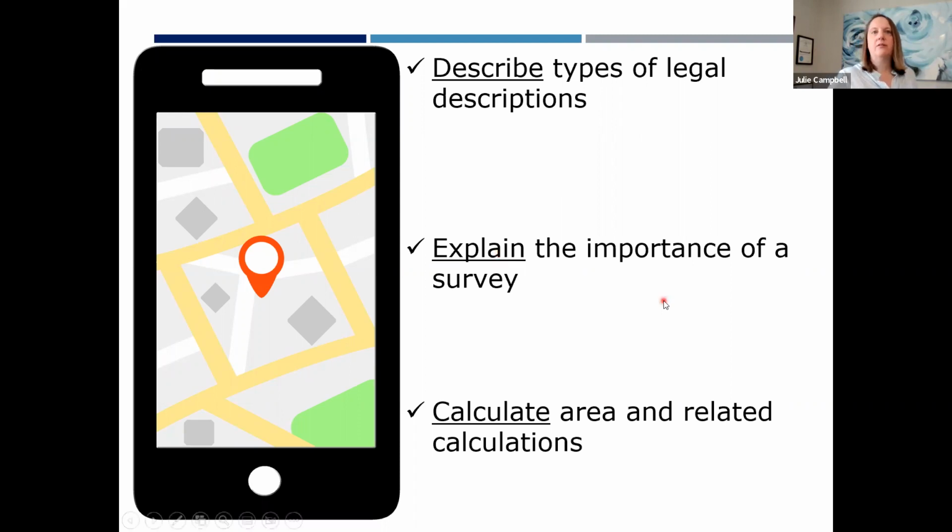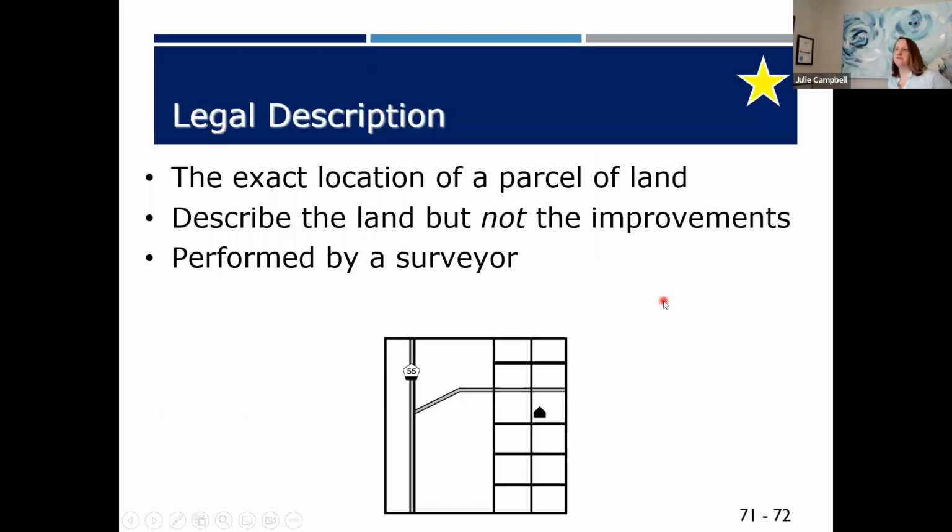So the non-math in Unit 4 talks about the legal descriptions. The legal description is just a way to identify the property lines. It tells you the lines. It's kind of a tour of the property, tells you what's all included.